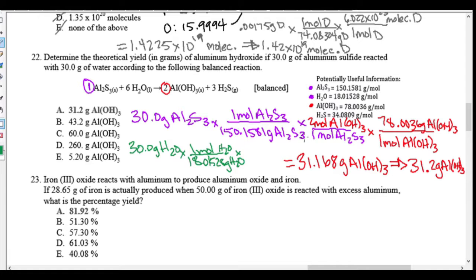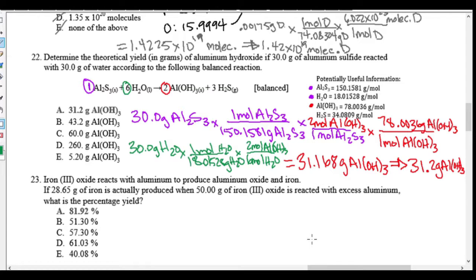And then if you look here, it's also going to say 6 moles of H2O, that's from right here, to the 2 moles of AlOH3. That's a 1/3 ratio. So it's going to work out not in your favor in this case.